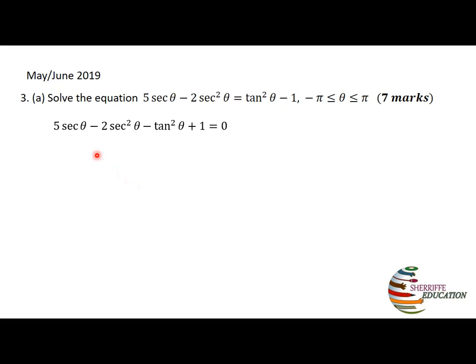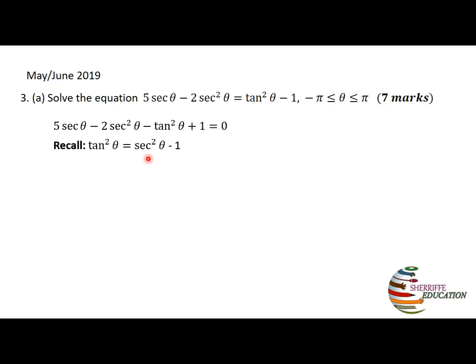Now here we know that we need to write the equation in terms of only one trig function. So clearly it would be easier to rewrite this tan squared theta. Recall that tan squared theta is just sec squared theta minus 1.